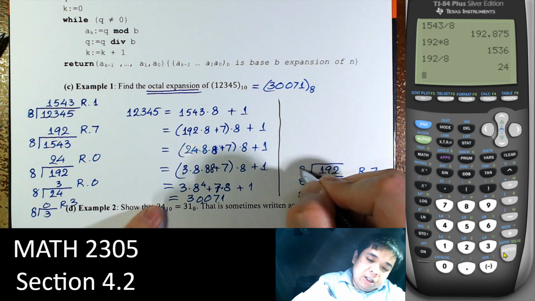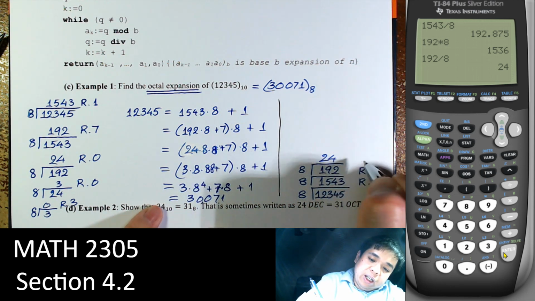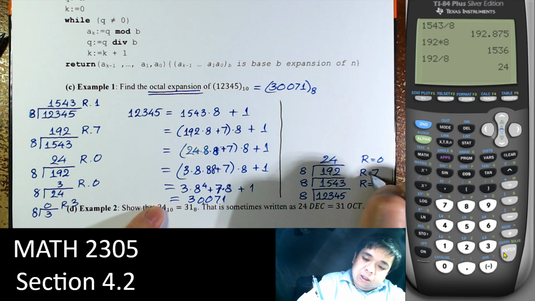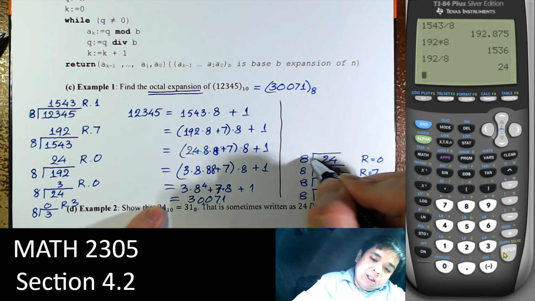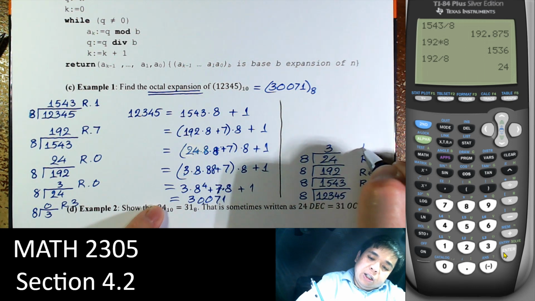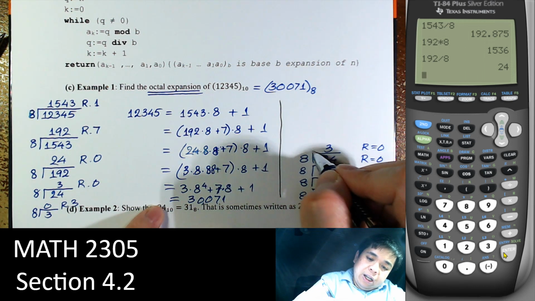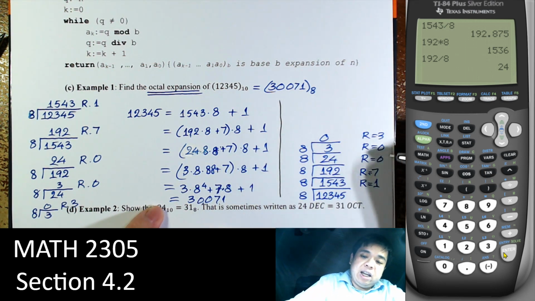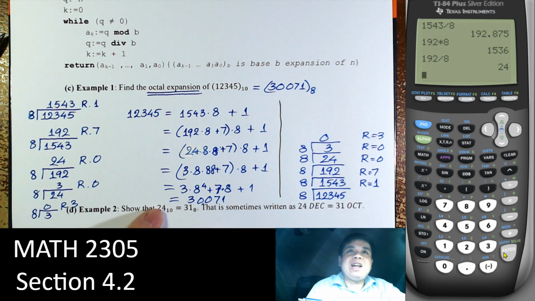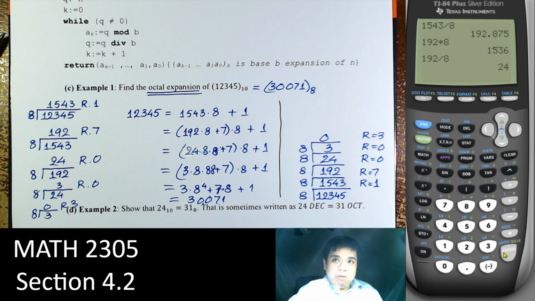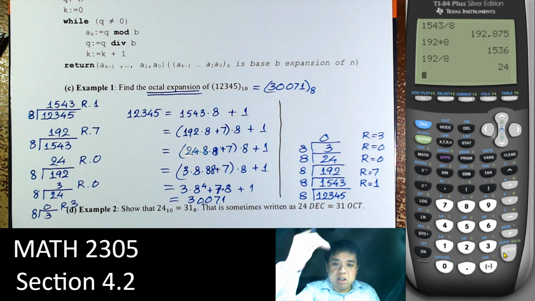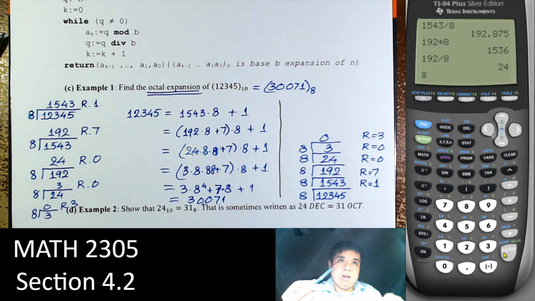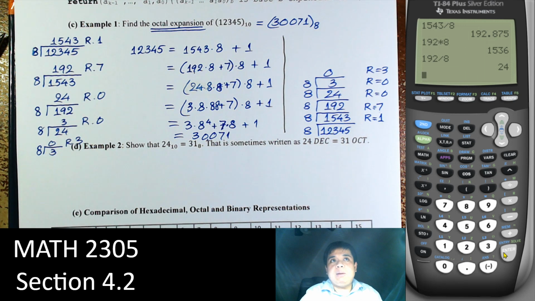Divide by 8: 24 evenly. Divide by 8: 3, remainder 0. And then 8 into 3 is 0 times, remainder 3. And again, just 3, 0, 0, 7, 1. If we divide and take the remainders from the bottom up, we have the right order. If we divide from top to bottom, we have to reverse the order. But either way, we have the same thing.